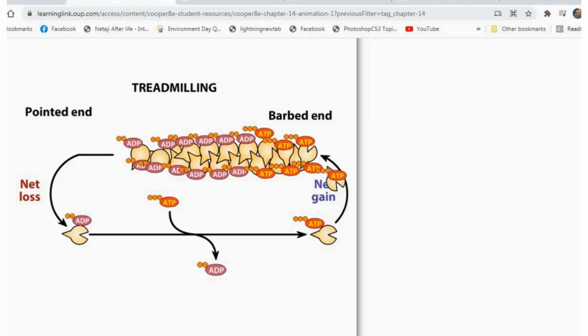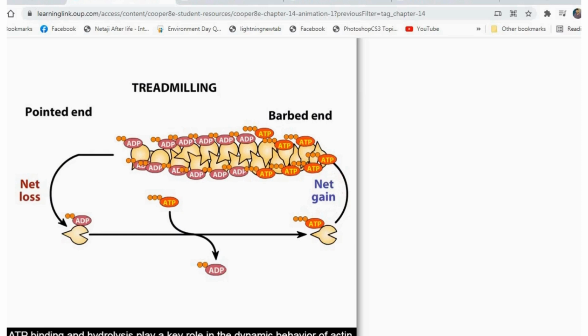In contrast, actin bound to ATP associates more readily with the rapidly growing barbed ends. Thus, ATP binding and hydrolysis play a key role in the dynamic behavior of actin.